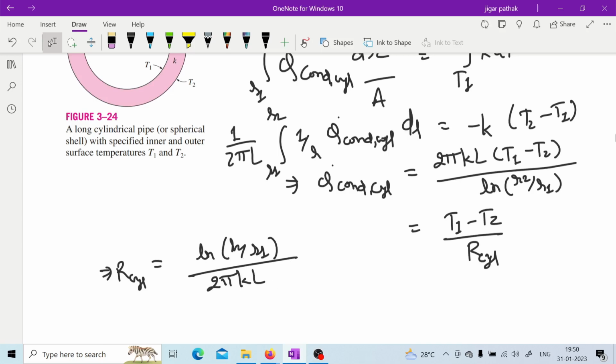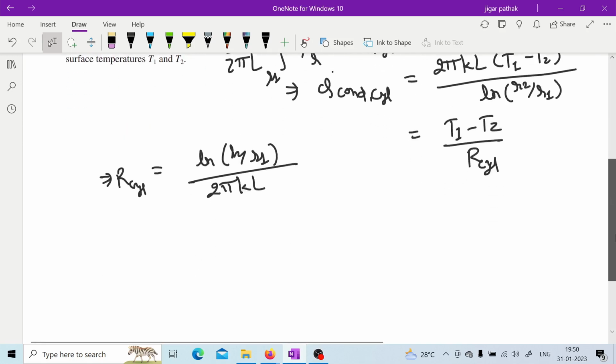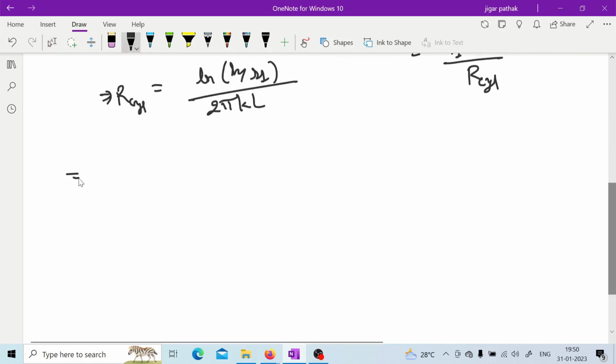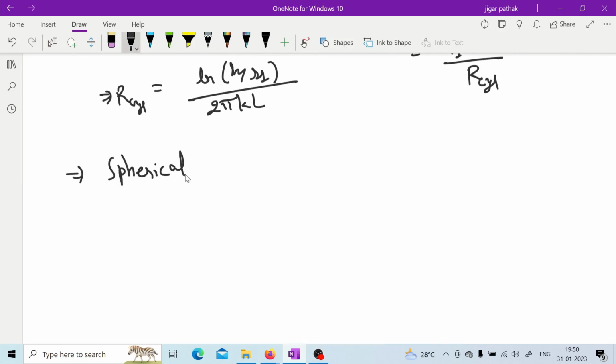And now finally for the spherical case, you have this integration from R1 to R2 of Q conduction for sphere. The area will be 4 pi R squared in that case.